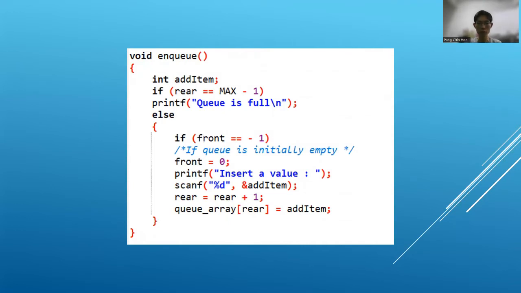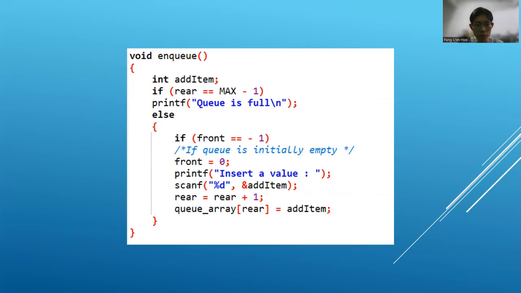For void enqueue function, this is the function that adds or inserts the data into the queue. At first, we declare the add item as integer. If rear is equal to max - 1, it will show the queue is full.